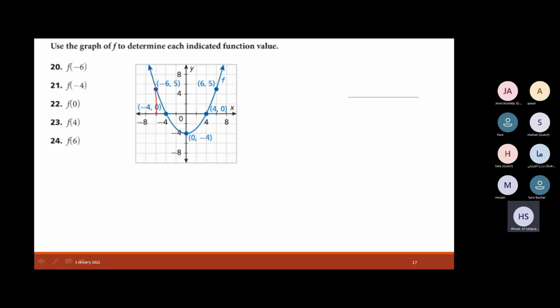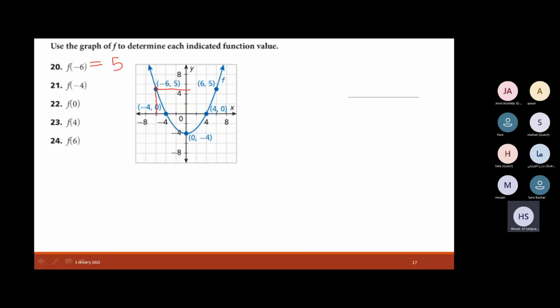Now, where does this line intersect my blue curve? At which point? So you will say f of negative 6 is what? And here, can I say 21? Is it clear? Yeah.